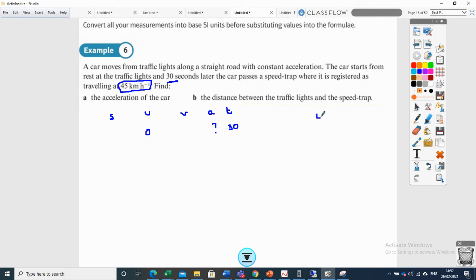Okay, so 45 kilometers per hour is equal to 45,000 meters per hour. So times it by 1,000, and then I need to divide it by 60 times 60. 60 seconds in a minute, 60 minutes in an hour. So divide it by 60 times 60, which is 3,600.